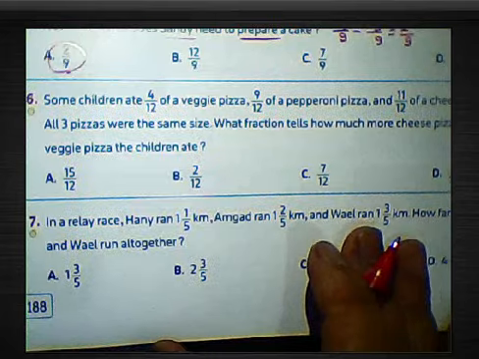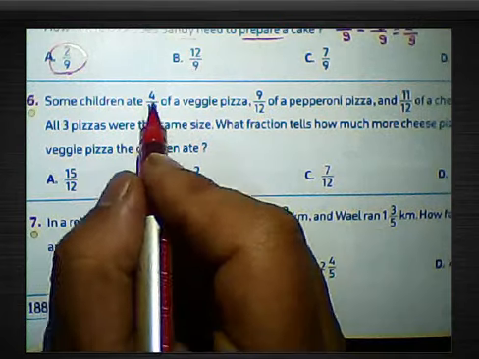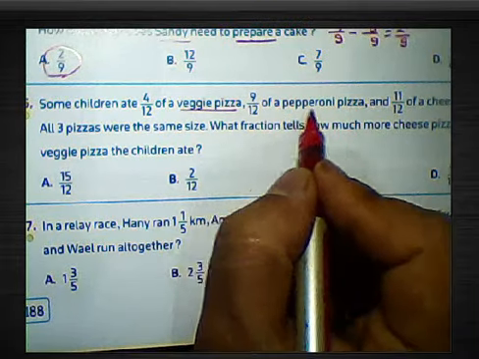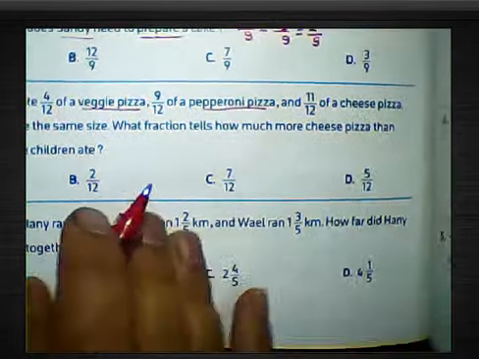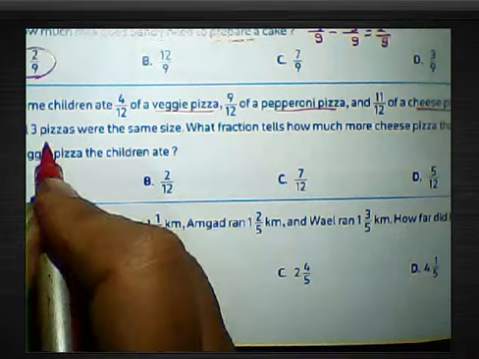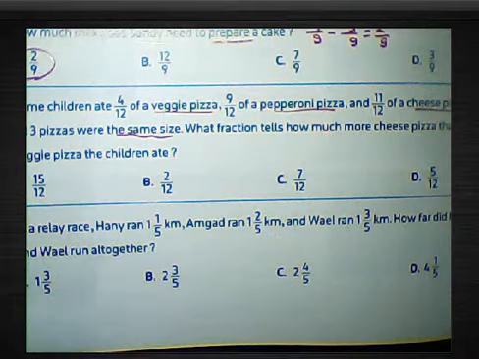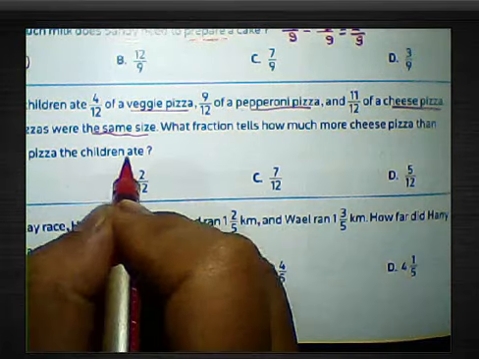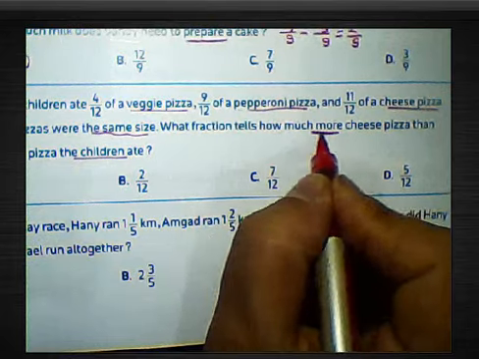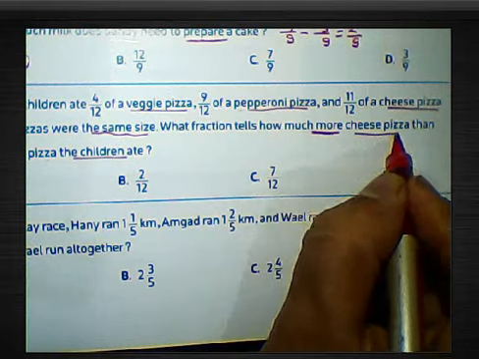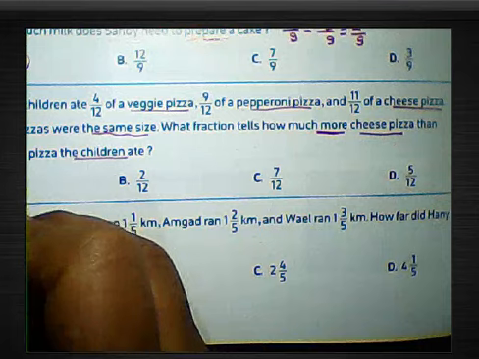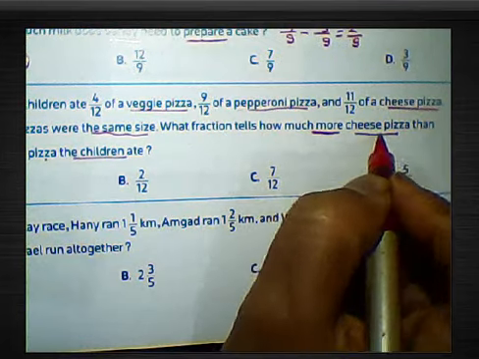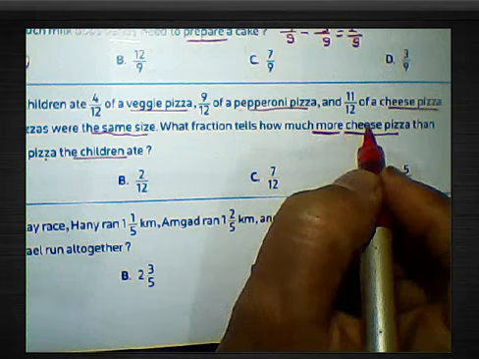Question number 6. Some children ate 4/12 of a veg pizza, 9/12 of a pepperoni pizza, and 11/12 of a cheese pizza. All 3 pizzas were the same size. What fraction shows how much more cheese pizza than veg pizza a child ate?